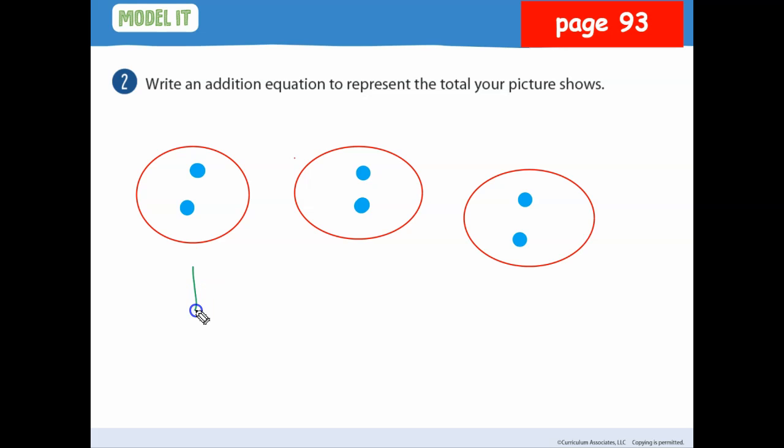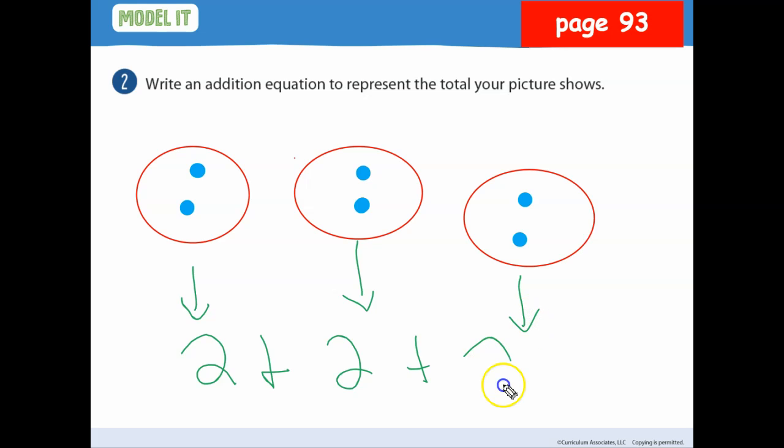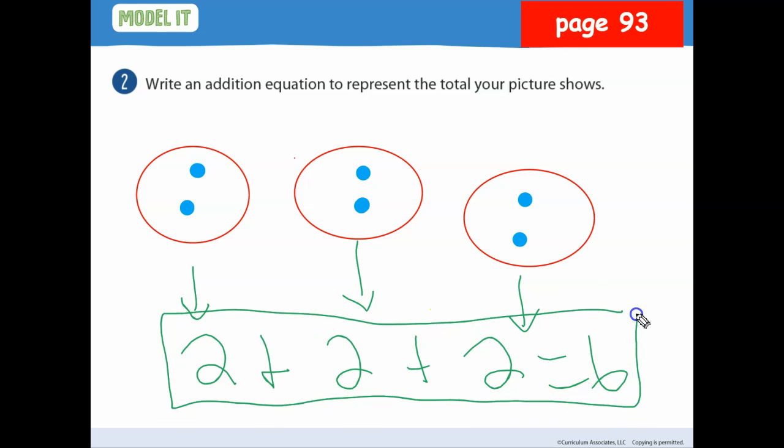So how many are here on the first one? 2. And it's addition, right? So 2 plus how many more on the second one? 2. Plus how many more in the third group? 2. So when it's an addition equation, I'm going 2 plus 2 plus 2. What's the total? 6. This is my addition equation when they tell me that. Okay, it's called repeated addition.